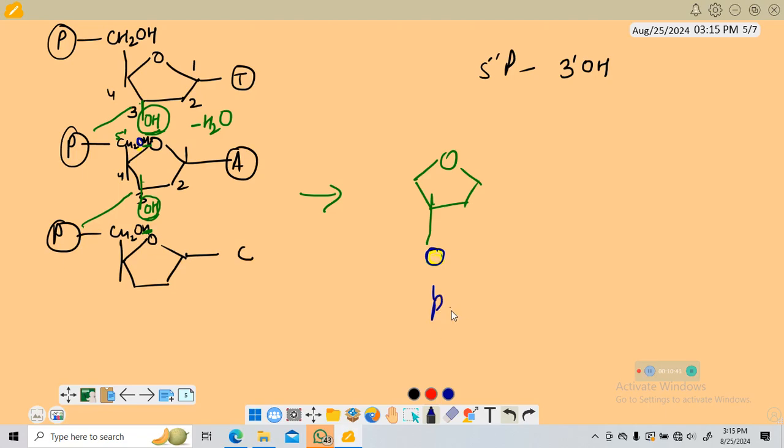Then P, the structure is somewhat like this: OH, here O. Okay, and now this O, this is CH2.